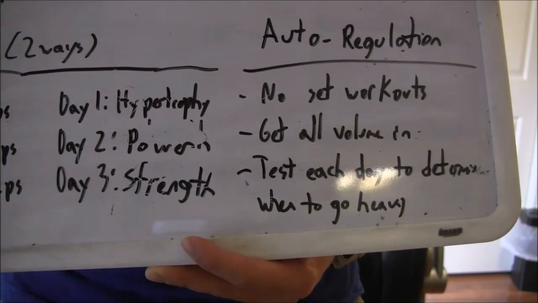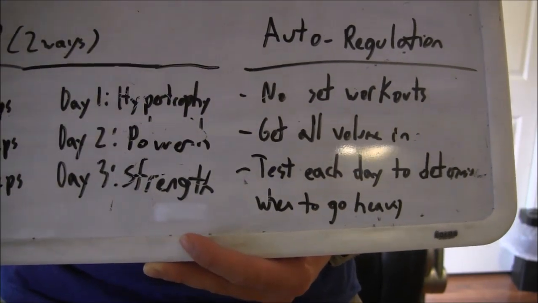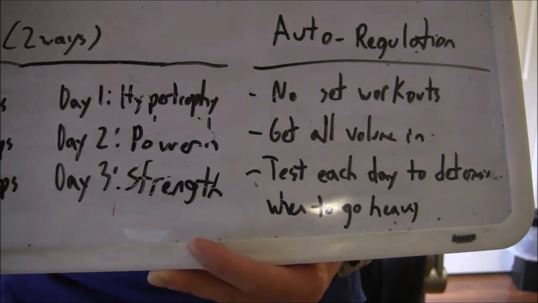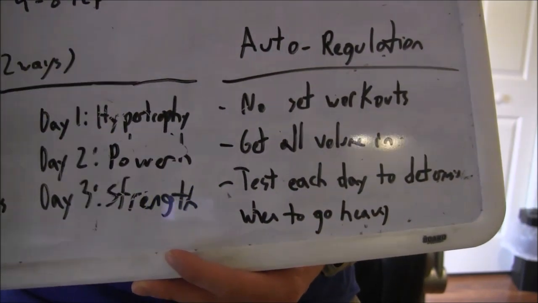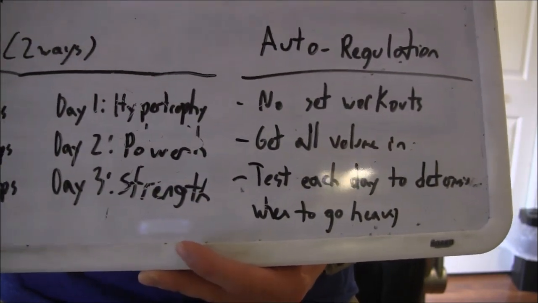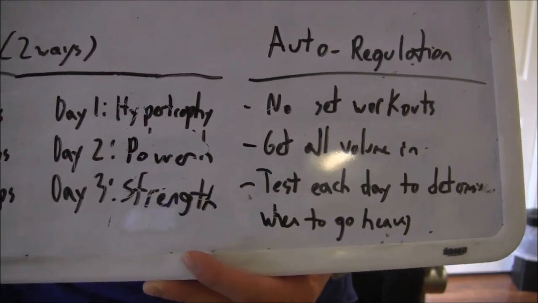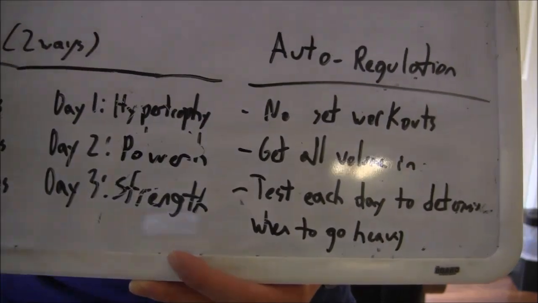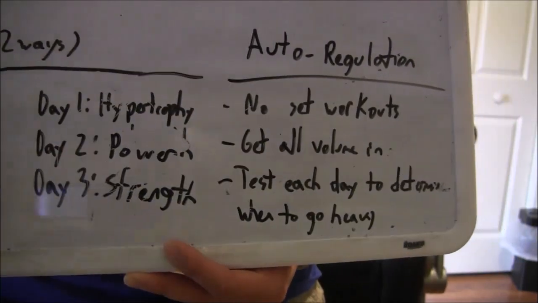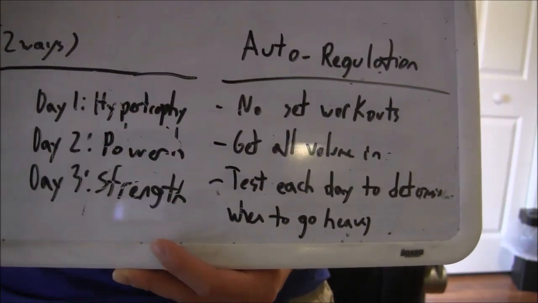So I do that, and now what happens? I'm likely to recover a little bit more, and the next time I go in, I'm likely to perform better, and my 1-rep max will go up. So it auto-regulates because on days you feel worse, you don't perform as well, and so you do less total training volume and weight.